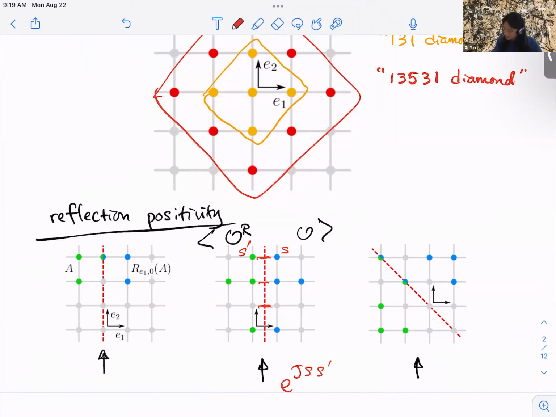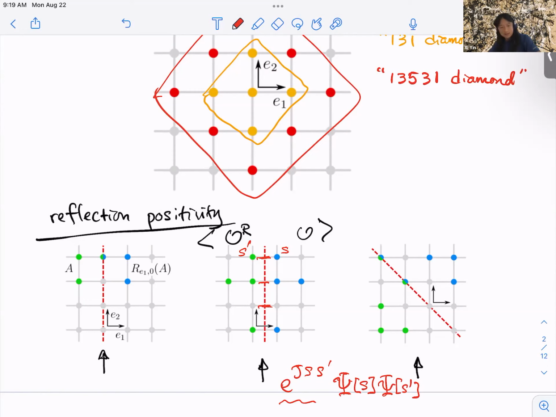Roughly speaking, you have some wave function of the spins S on one side, some wave function of the spins S' on the other side, and this coupling coming from the links, and you are summing over S and S'.